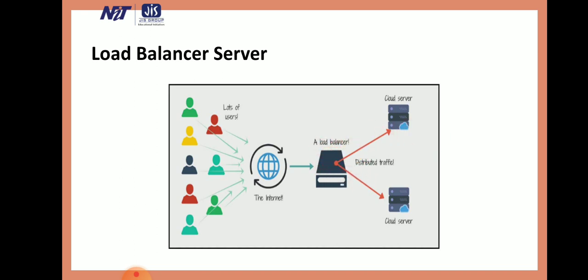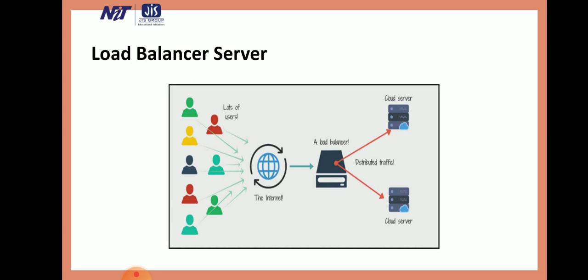Types of load balancer: software based load balancers run on standard hardware and standard operating systems. Hardware based load balancers include application specific integrated circuits (ASICs) adapted for a particular use.